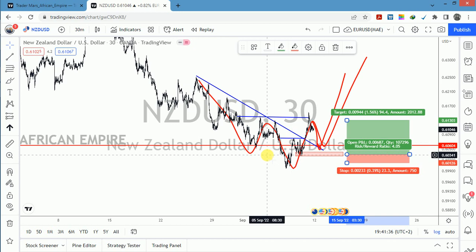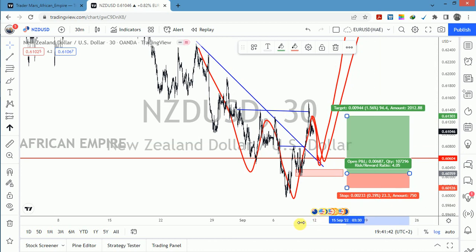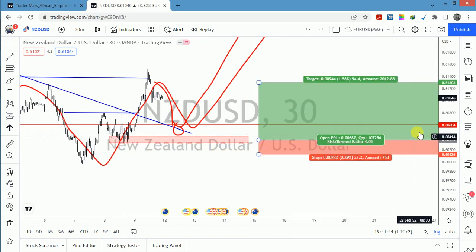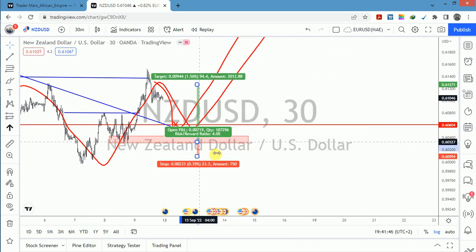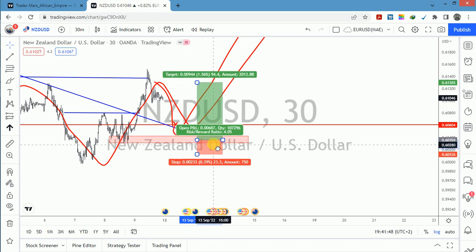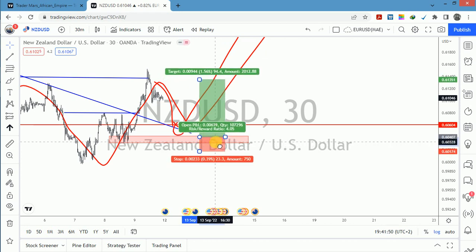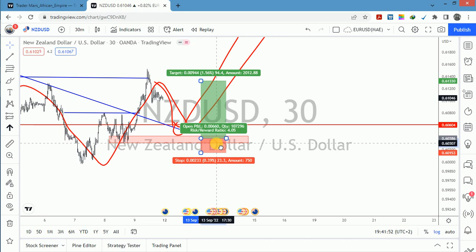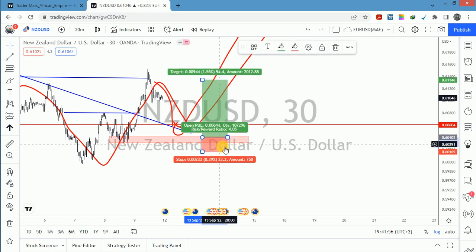I'll be hoping to take a trade around, I think 0.640, that is where I'm going to take my trade.